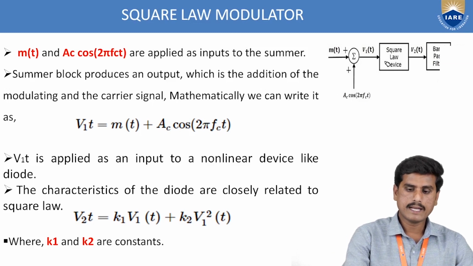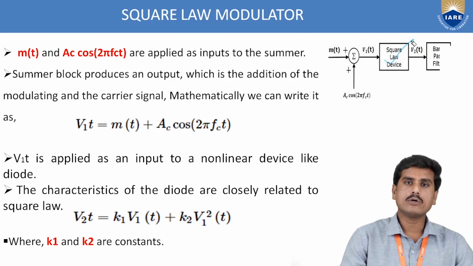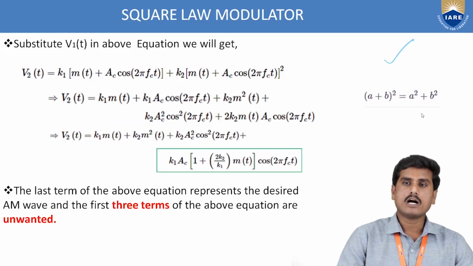And V1 of t is applied to a square law device. The square law device is a diode or a transistor, so basically it is a nonlinear device. V1 of t, which is m of t plus Ac cos 2 pi fc t, is applied to the diode, and the output of the square law device is approximately the square law output.